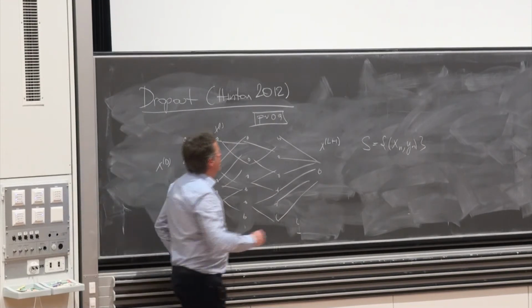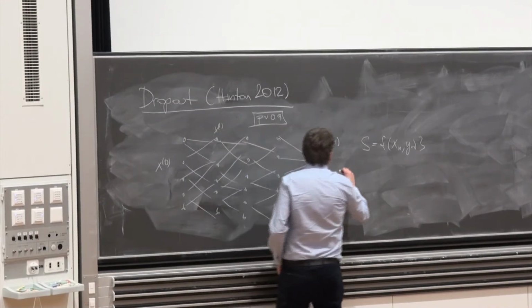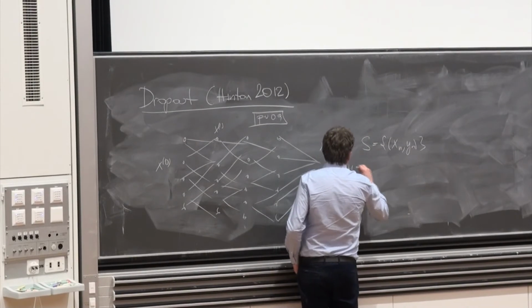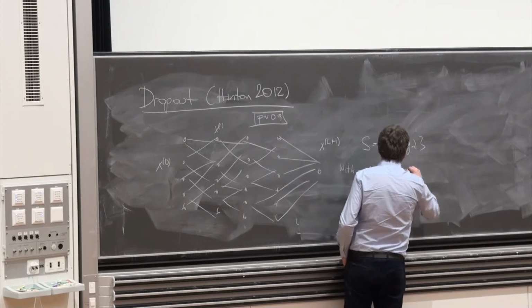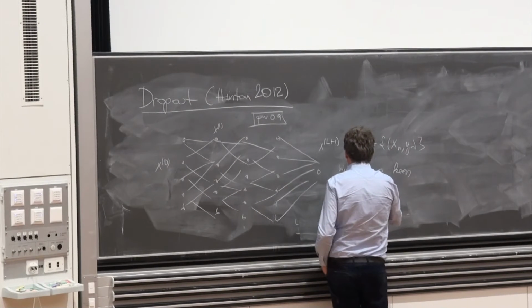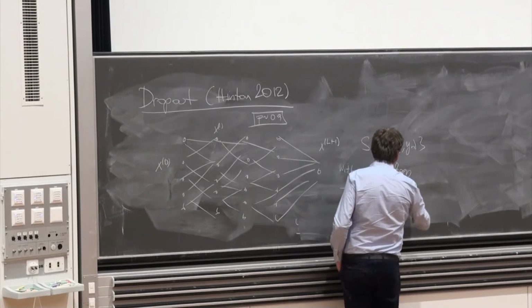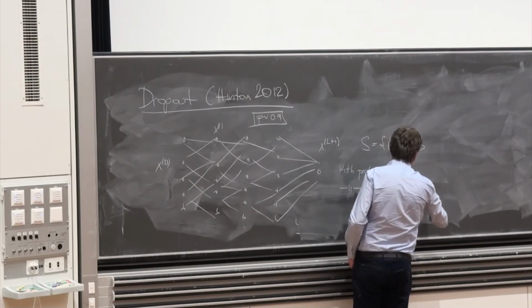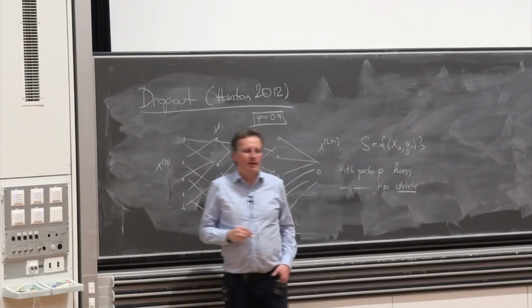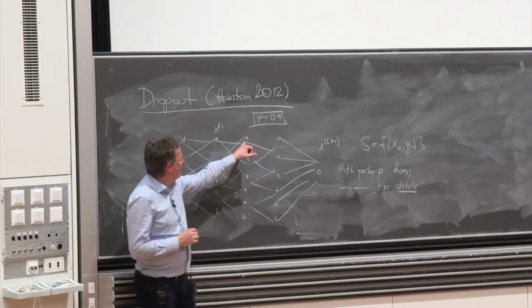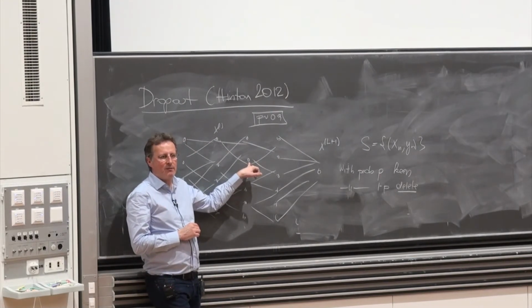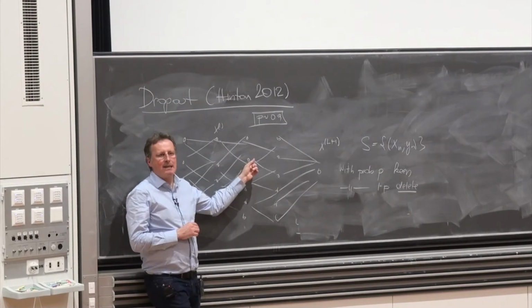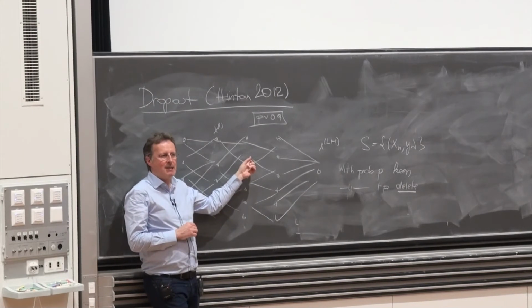So p is 0.9, so let's say with probability p keep, with probability 1 minus p delete. If I flip a coin here, and I flip them independently for each of them, then there's a certain probability, let's say 10%, that I will actually delete that node.